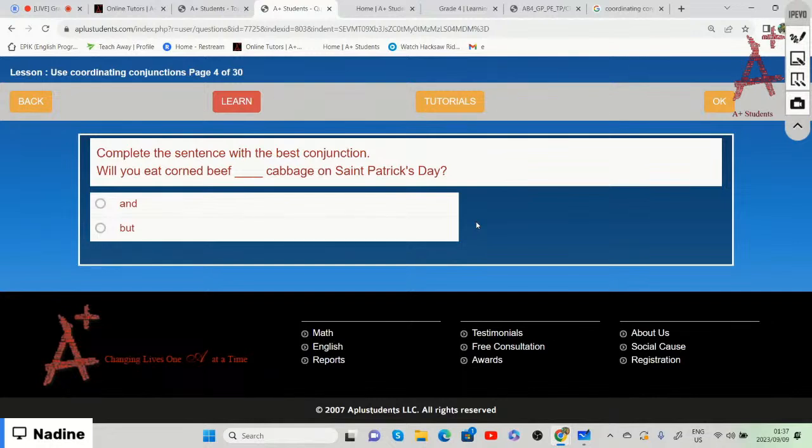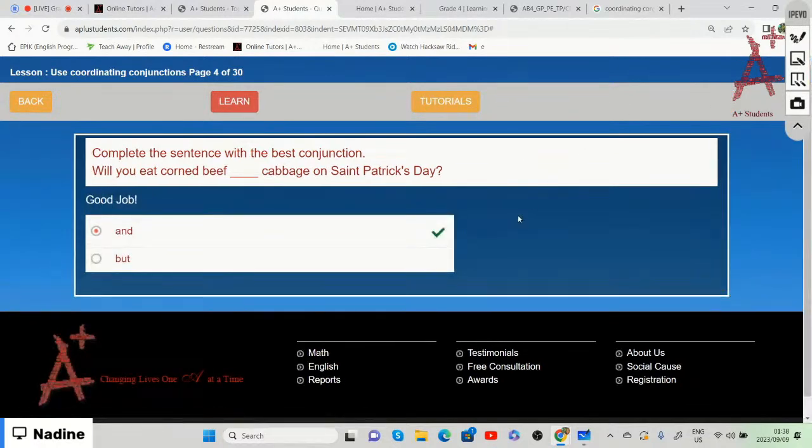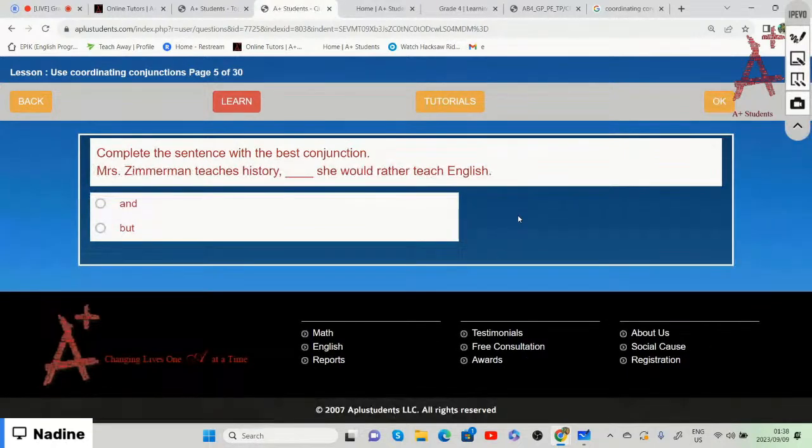So either choose and or but. So, will you eat corned beef and cabbage on St. Patrick's Day? So, and. Corned beef and cabbage. Maybe that's a traditional meal. You never know.